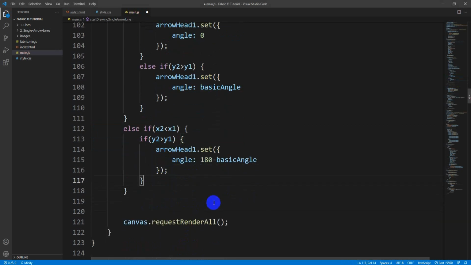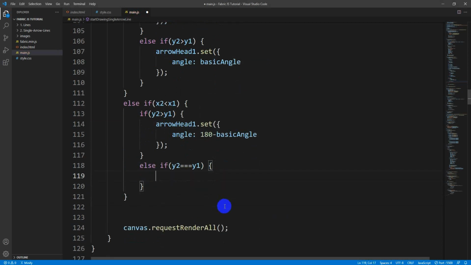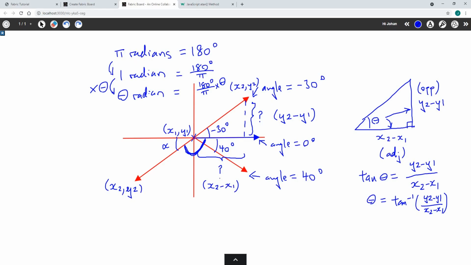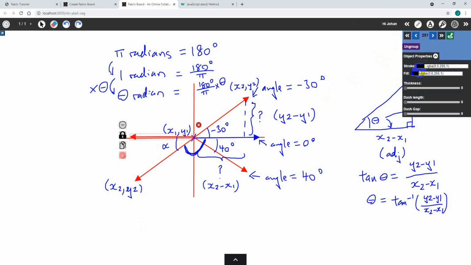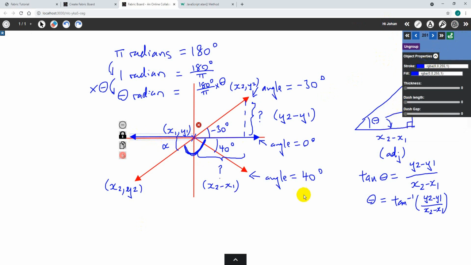Then next, else if y2 is equal to y1. The arrow would be pointing this way. Let's change this color to blue, stroke blue as well. So it will be pointing towards the left.